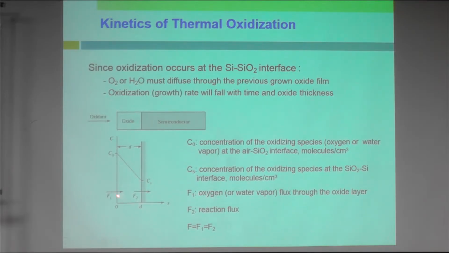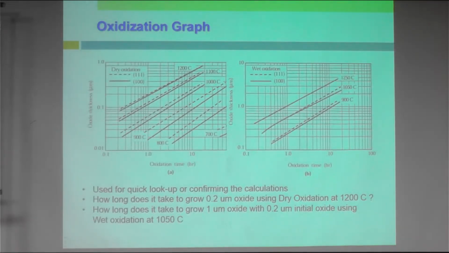F1 is the oxygen flux through the oxide layer, and F2 is the reaction towards the center of the silicon substrate. So F equals F1 equals F2, basically. This is a kind of reference for the oxidation process.